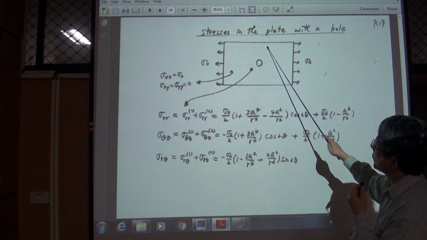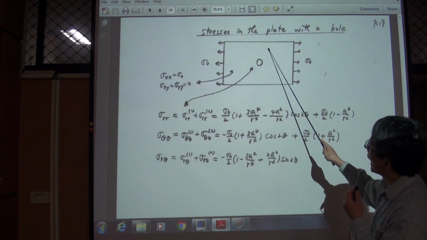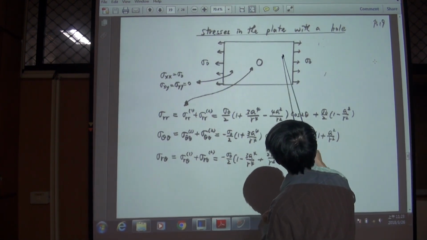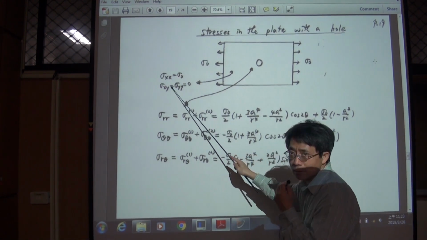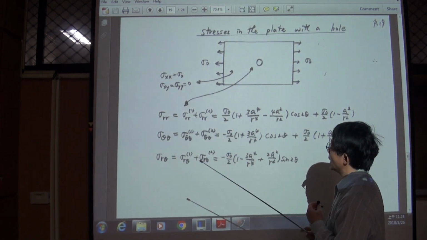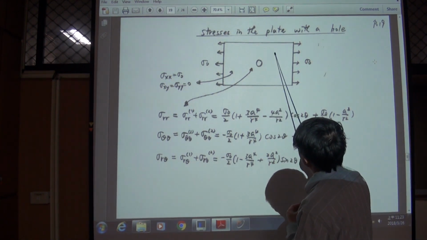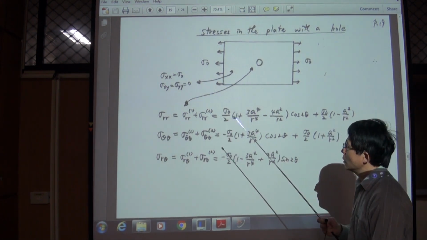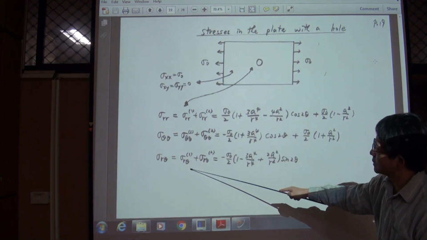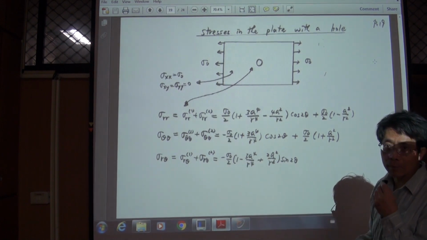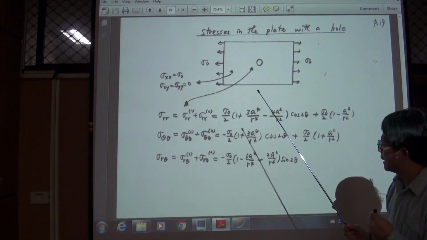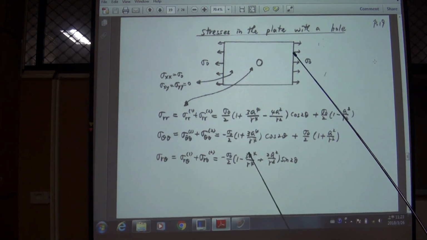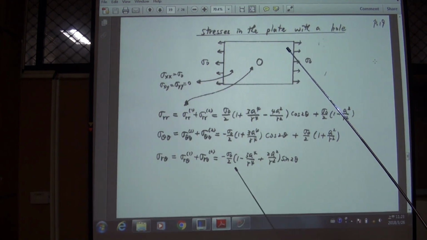According to the Saint-Venant principle, outside this circular region here, the stress state is in simple tension, and inside the circular region close to the small hole, we have the stress like this, which is the combination of two problems. And as a result, we have already found the stress field for the whole plate.